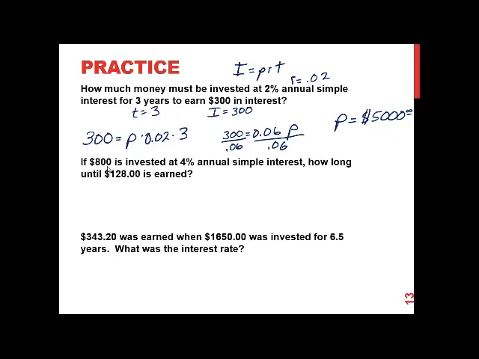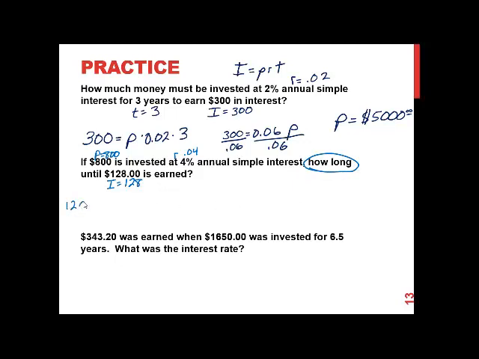Alright, if $800 is invested at 4%, let's change my ink color a little bit here so we can keep these straight. So if 800 is invested, that means that's your principal. 4%, that's going to be your rate. How long until interest will be 128? How long means we don't know what the time will be. So let's set this up.